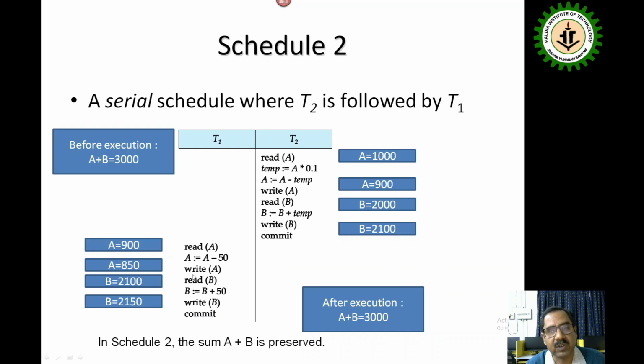Now T1 performs write operations on data item A. So it is now A equals 850. T1 reads the data item A, which is already modified by T2, that is 900. So read A equals 900. Now T1 modifies the value of A. The updated value of A equals rupees 850. So the balance amount of account holder A is rupees 850.